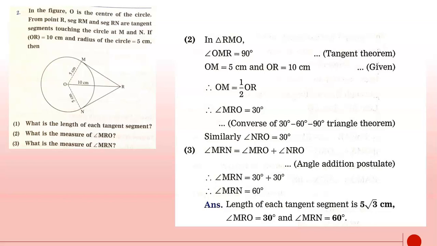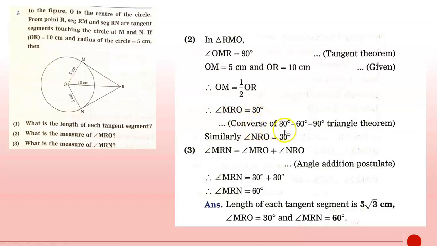This is given information. From this, I can say that OM is half of OR, 5 and 10. So by looking at this, I can say that if this is half of this, that means this angle MRO is 30 degrees.